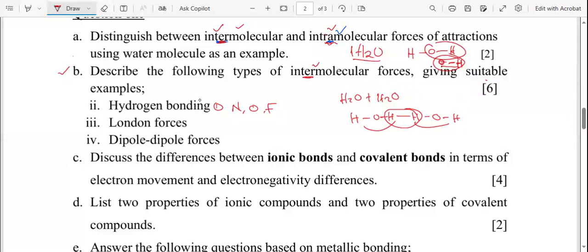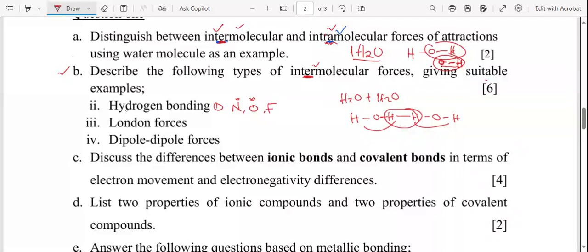So hydrogen bonds are molecular forces when hydrogen is bonded to an electronegative element or atom such as nitrogen, oxygen, fluorine, chlorine, stuff like that. Those elements with high electronegativity.